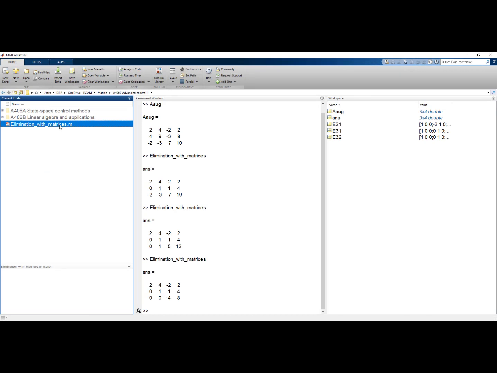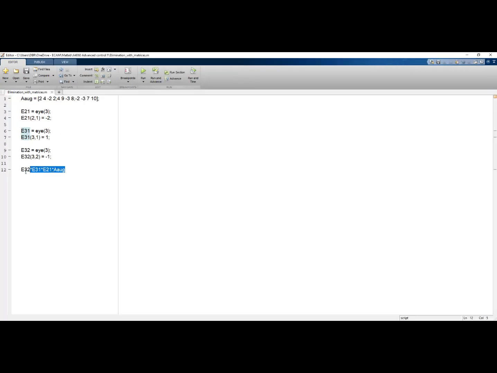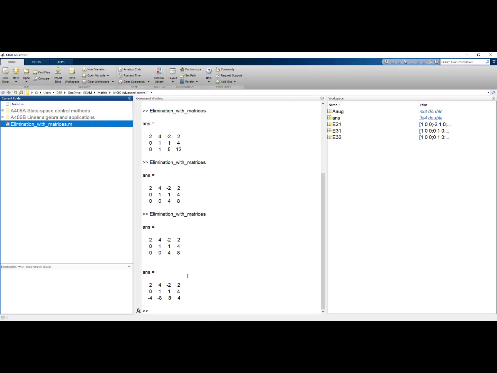Okay, I've said that order is important, so let's have a look at that. So let's reverse the order. So E21, E31, and here E32. And indeed this was correct, and this is with the order reversed, and so we obtain something quite different.